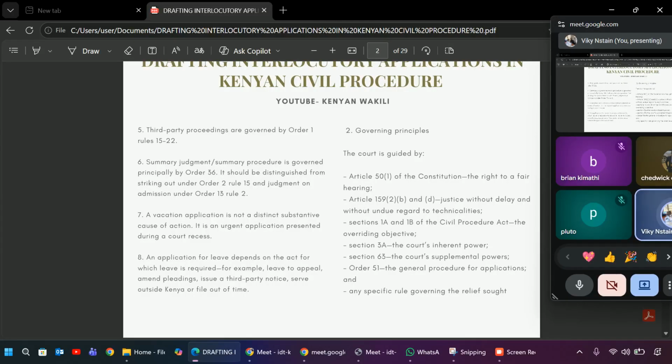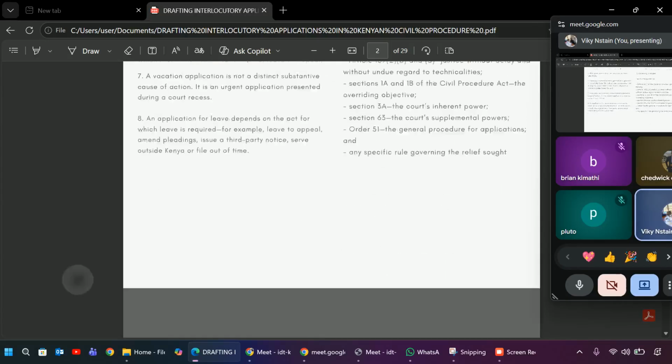We should expect to talk about Article 50 of the Constitution on the right to a fair hearing, Article 159(2)(b) and (d) on justice without delay and without undue regard to technicalities, and Section 1A and 1B of the Civil Procedure Act being the overriding objective, and Section 3A on the court's inherent power, and Section 63 on the court's supplemental powers, and Order 51 on general procedure for applications and any specific rule that will govern a certain relief that we are going to seek before court.